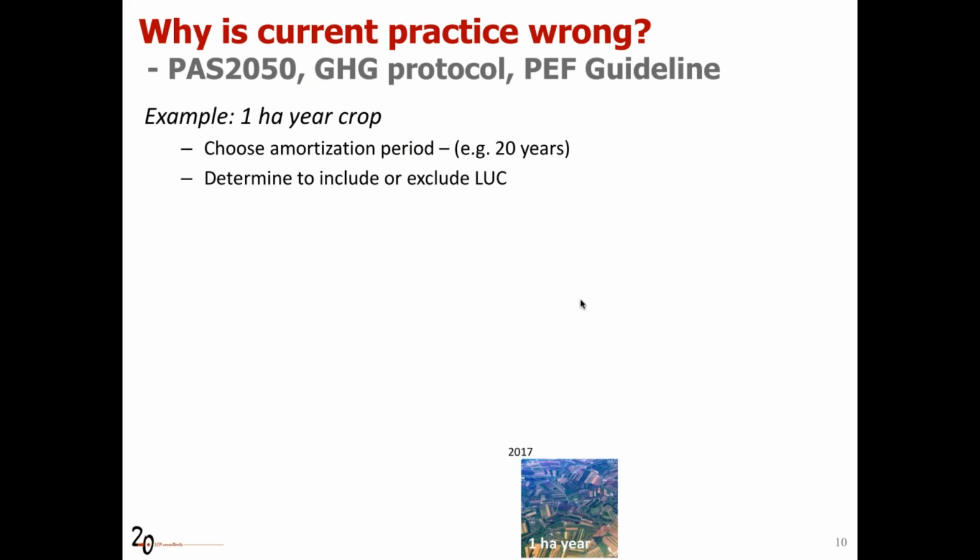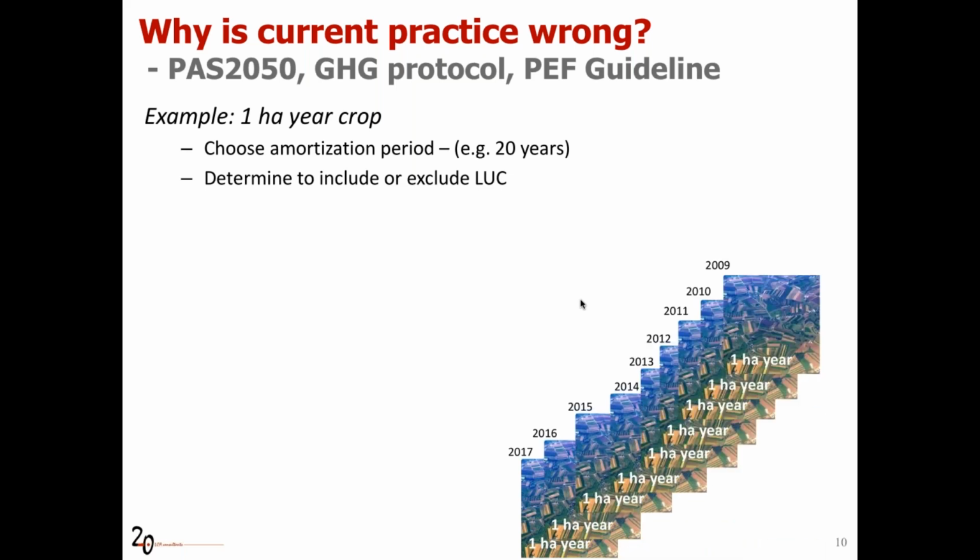That means that, for example, if we occupy 1 hectare of land in 2017, we account for the history of this piece of land in the last 20 years, from 2017 all the way back to 1997. And that means that if in 1997 there were no forests on this hectare of land that we are occupying today, then there is basically no land use change. So in this case, land use change will be excluded.